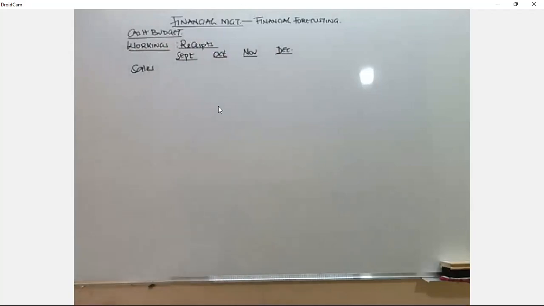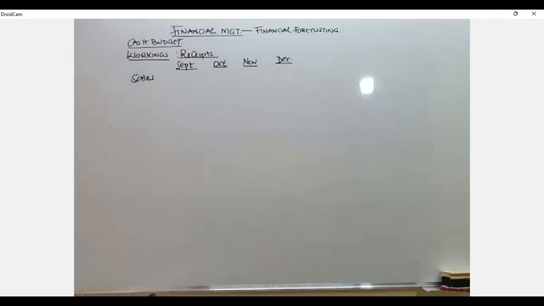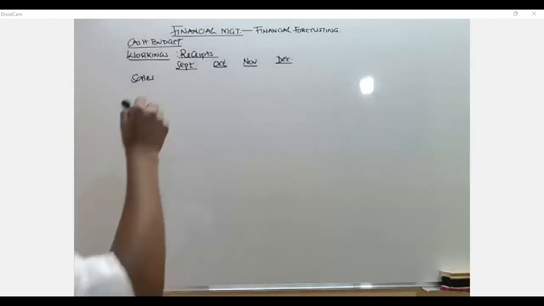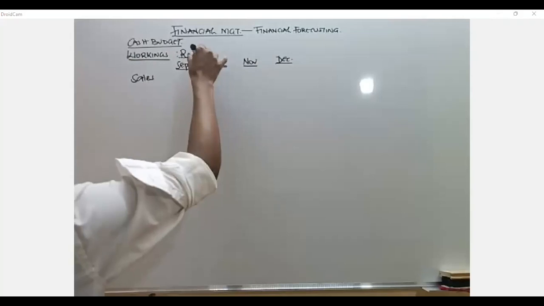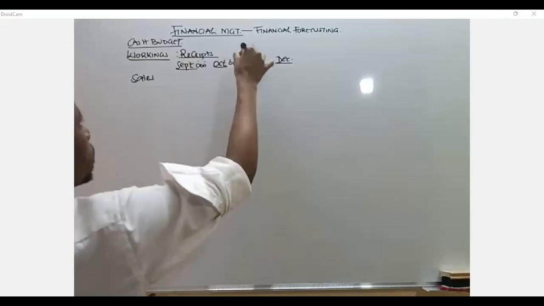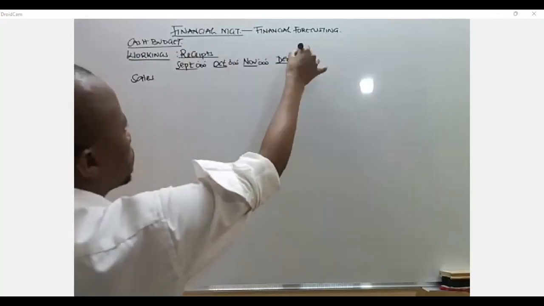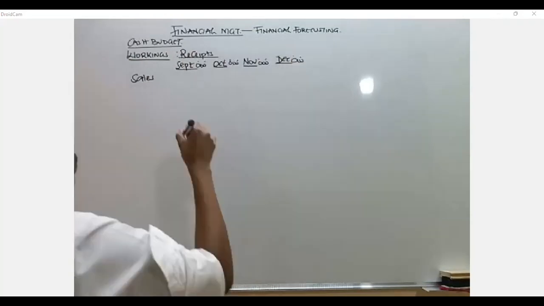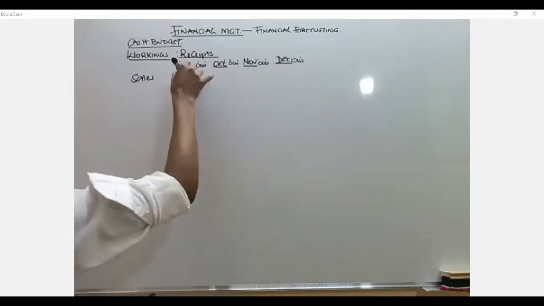The examiner has already provided you the sales for the respective months, right? So for the first month, I can see the examiner giving us 60,000. Let me just limit them to thousands of shillings. So the first one will be 60,000.